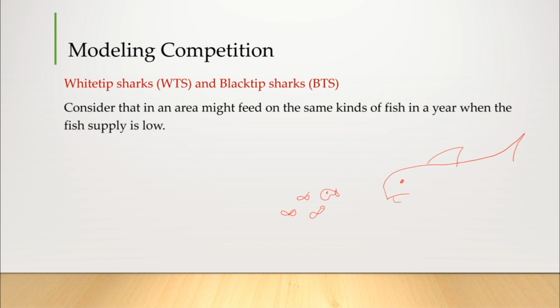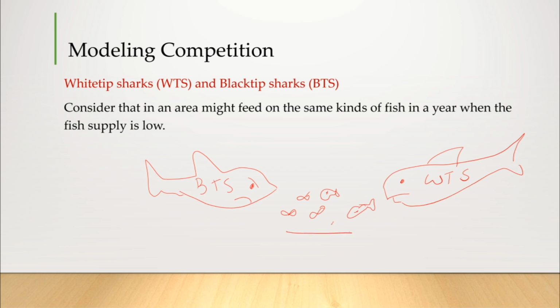We call this kind of shark the white tip shark. The other type we're going to talk about is called the black tip shark. So these are black tip sharks, and they are all attacking these fish in the area. So how does this affect the population of both? That's what we're going to look at.